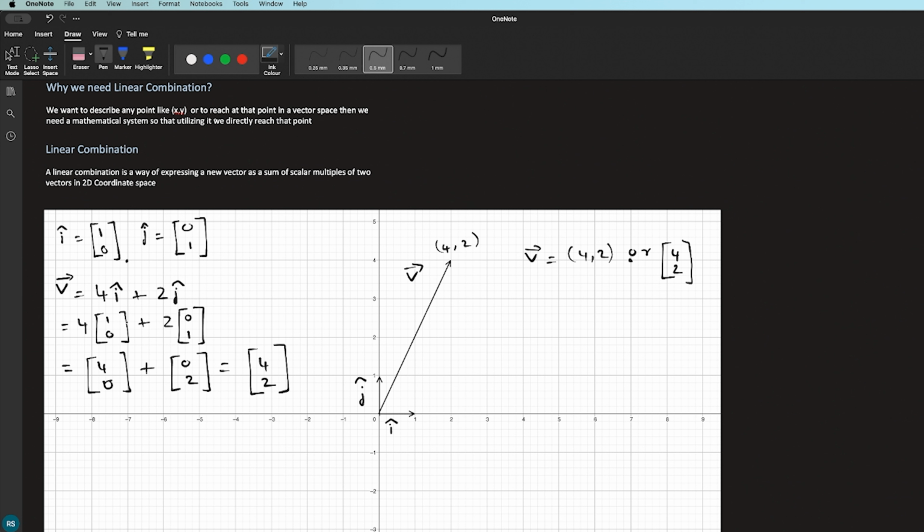Using this equation, 4i plus 2j, we multiplied the scalars with the standard basis vectors and summed them, and the resulting vector is the one that we wanted, (4, 2). This equation, 4i plus 2j, is called the linear combination.